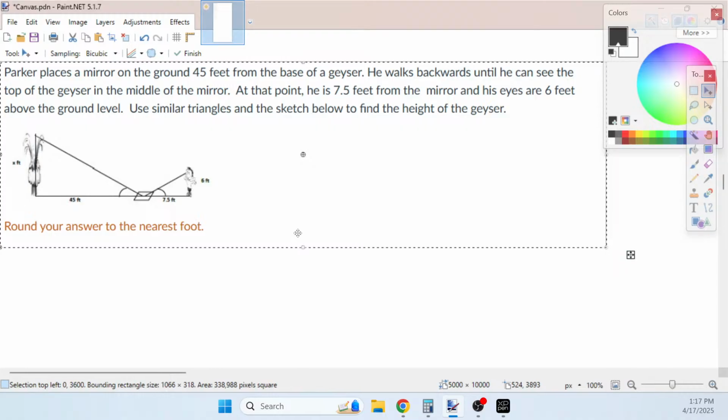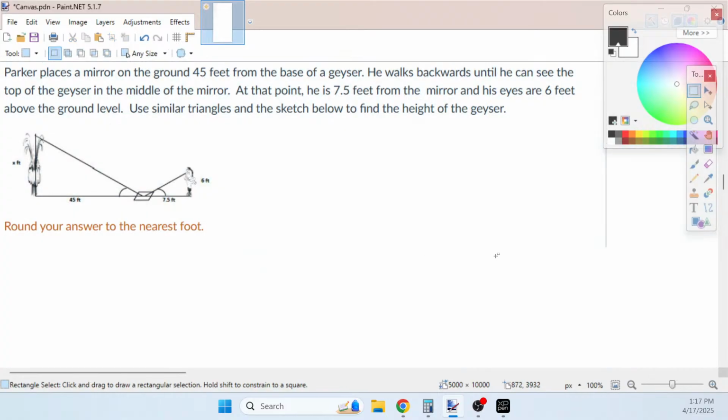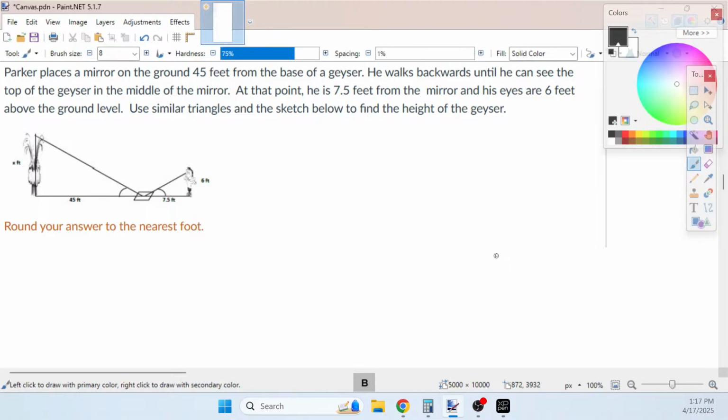Parker walks backward until he can see the top of the geyser in the middle of the mirror. He measures that he is 7.5 feet away from the mirror. His eyes are 6 feet above the ground, and he wants to figure out how big the geyser is.